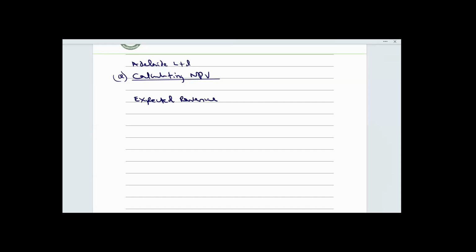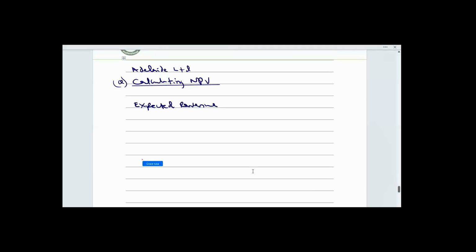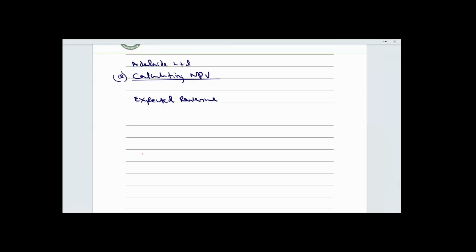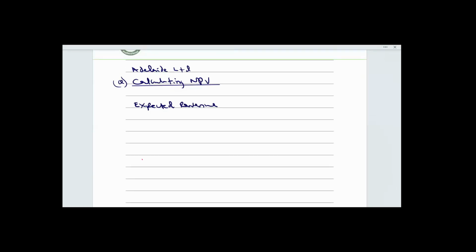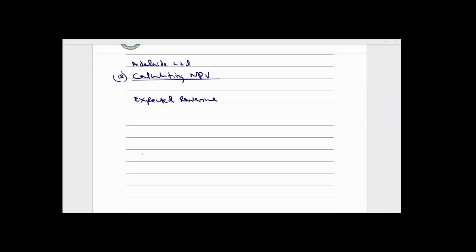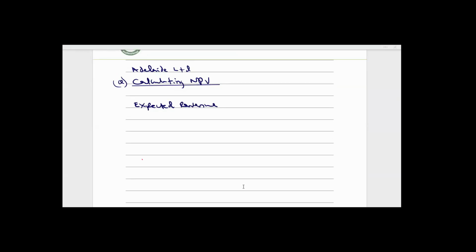All right, so what are the probabilities? Now, for the revenue, probability is 0.15, 0.40, 0.30, and 0.15.